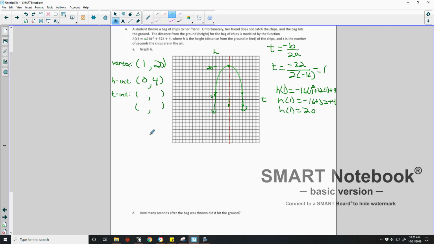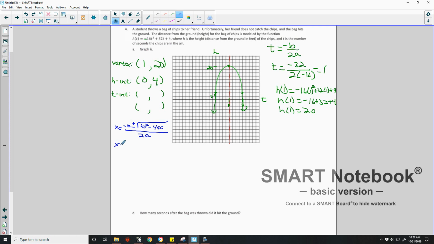In order to find the intercepts, I find it easiest to either complete the square or do the quadratic formula. I will do the quadratic formula. So x equals negative b plus or minus the square root of b squared minus 4ac, all over 2a.